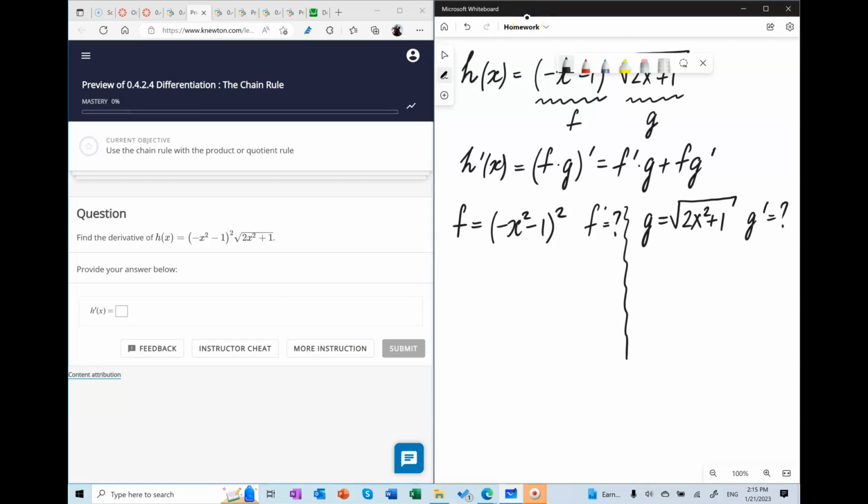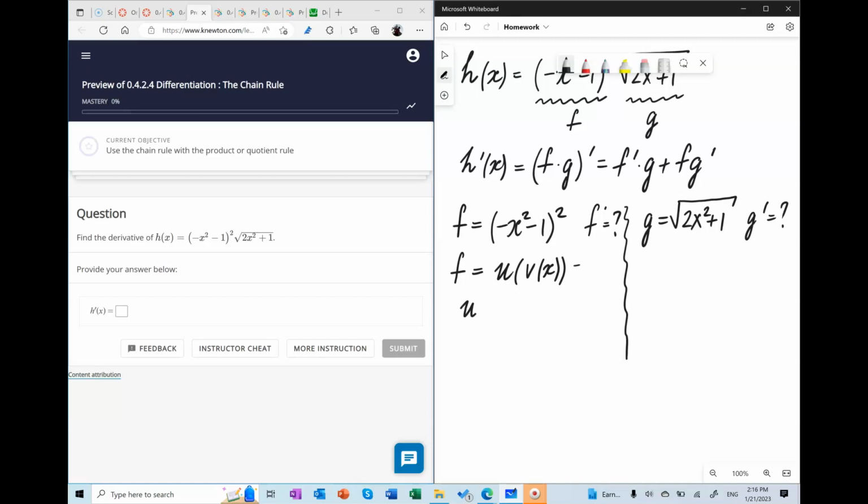But each of these two functions is actually a composition of other two functions. So on the left side, f is the composition of two functions, u and v. So if I were to write f as the composition of u and v, what is my u and what is my v?